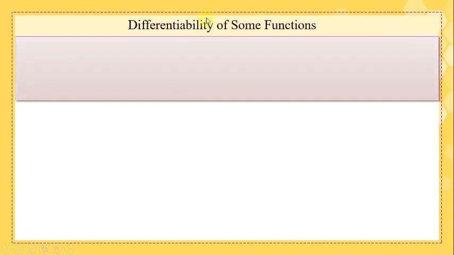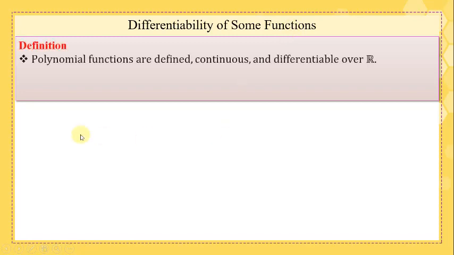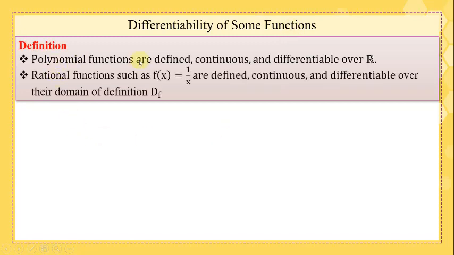now we will talk about differentiability of some known functions. We focus on two functions, polynomial functions and rational functions. Polynomial functions, I mean the polynomial form, are defined, continuous, and differentiable over set R. Now, rational functions such as the function 1 over x, a ratio, are defined, continuous, and differentiable over their domain of definition.